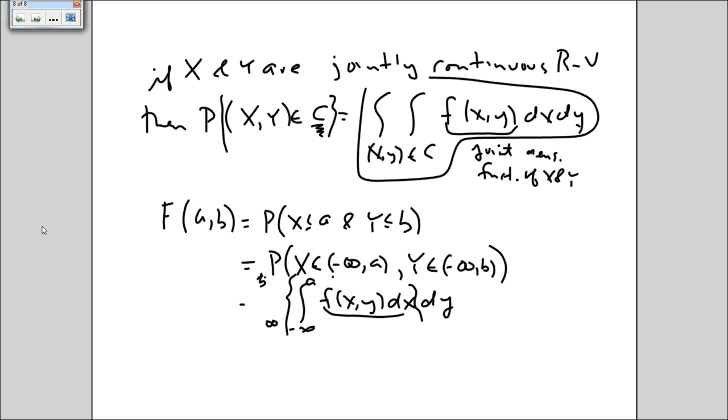So we need to keep that in mind when we take the derivative.